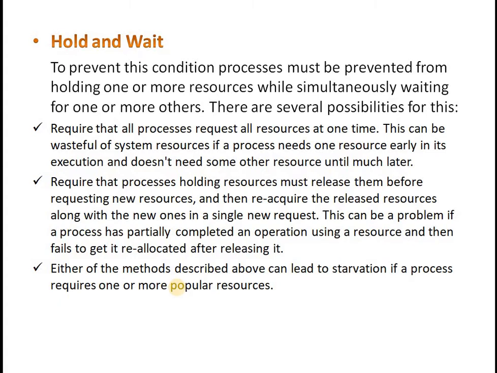This can be a problem if a process has partially completed an operation using a resource and then fails to get it reallocated after releasing it. Either of these methods described above can lead to starvation if a process requires one or more popular resources.